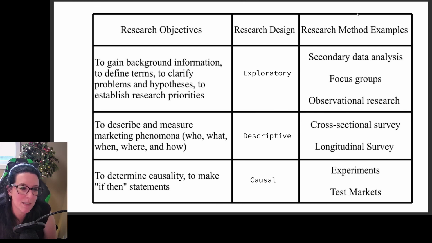So in the product design process, we might use exploratory marketing research at the beginning. Once we've designed the product, we may use a causal design to help us see if it's meeting our customers' needs and adding value. And then once we've released it to the greater population, we may use some descriptive research to check on how effective it is for our customers.